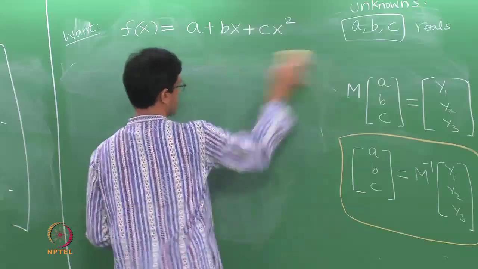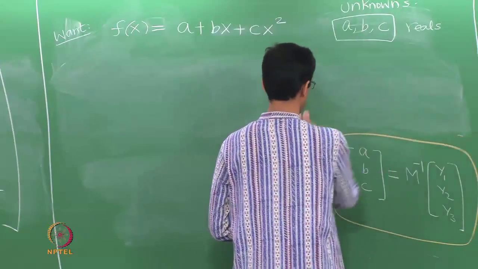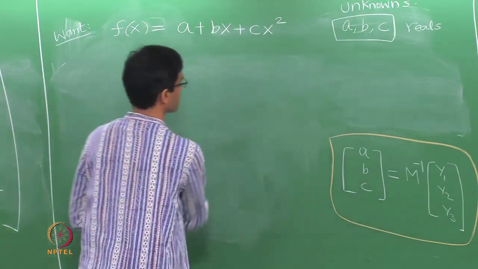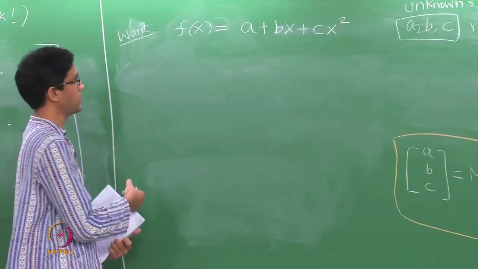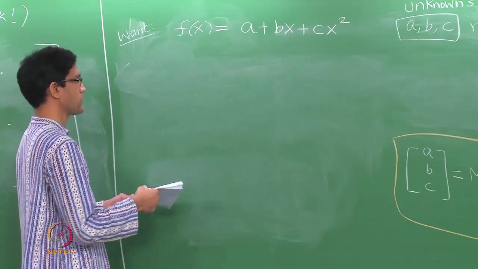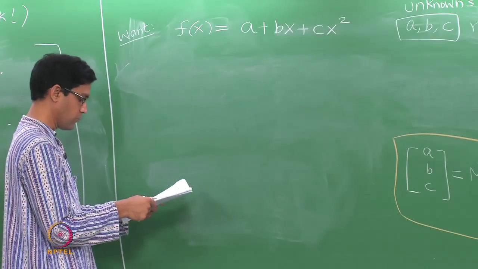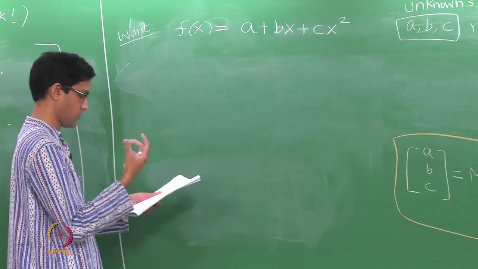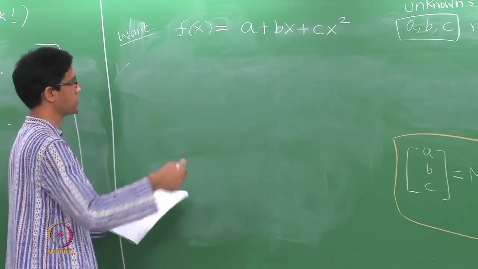Recall what we wanted to find in the first place was the polynomial f. So the polynomial f was a plus bx plus cx squared. The 3 real unknowns are a, b and c, but suppose I wanted my polynomial f of x, the full polynomial, not just the 3 coefficients separately.